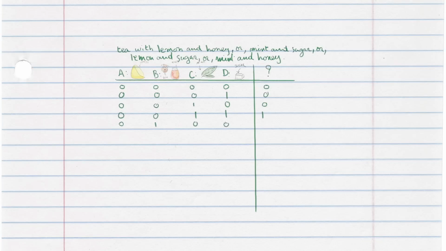No lemon, honey, no mint, and no sugar, no, he is not going to drink his tea. No lemon, honey, no mint, and sugar, no, he is not going to drink his tea. No lemon, honey, mint, and no sugar, yes, it's one of the conditions stated above, so he's going to drink his tea. No lemon, honey, mint, and sugar, no, it's not, that's too much.